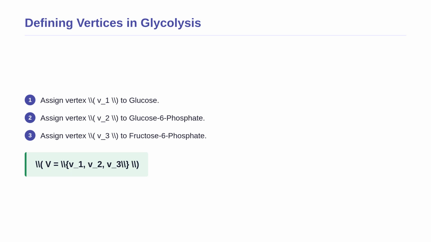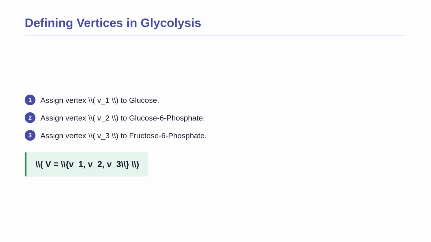Let us see this with a concrete example, using a tiny piece of glycolysis found in almost every database. We have three chemicals: glucose, glucose 6-phosphate, and fructose 6-phosphate. First, we assign a mathematical vertex to each compound.